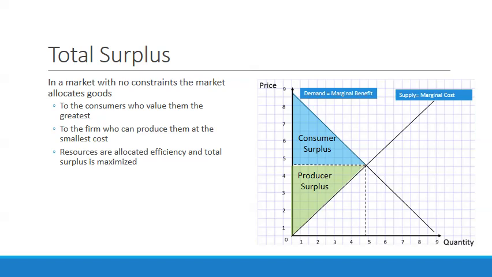Because you can see here, producer and consumer, they interact in the market there at equilibrium. They go all the way out until no more customers are willing to buy. The price is just too high. And as a result, resources are allotted efficiently and total surplus is maximized in this situation. So total surplus, of course, then is consumer plus producer surplus.